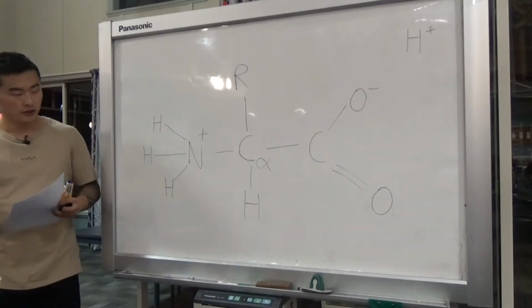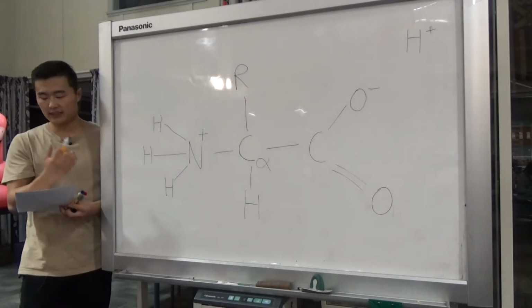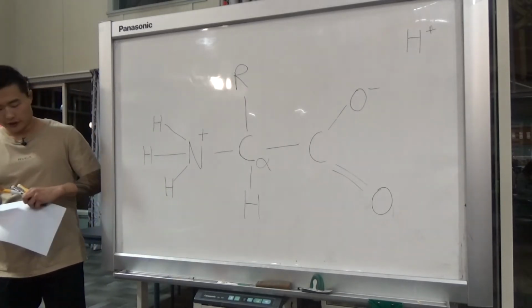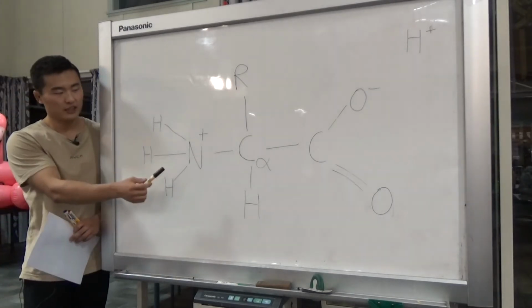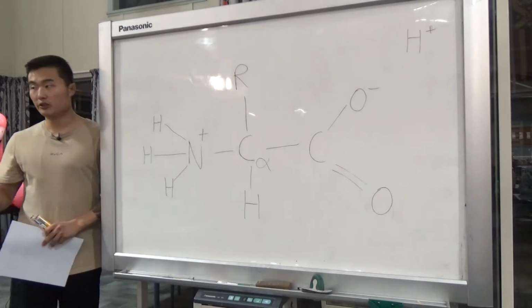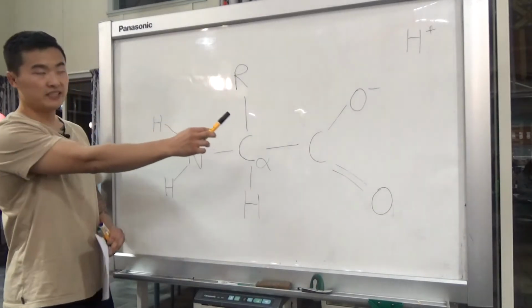So this is the zwitterion form of an amino acid. Overall, the net charge on this amino acid is neutral, but it's made up of one positive charge and one negative charge.